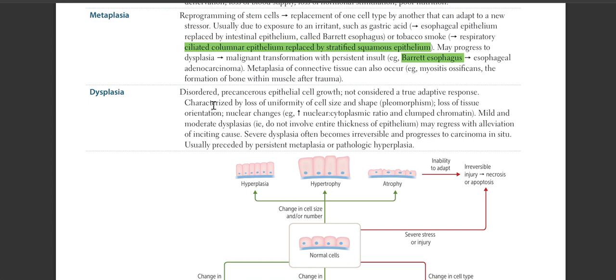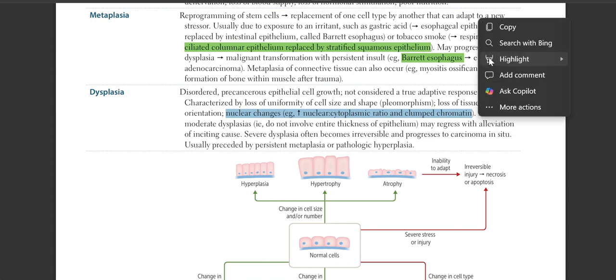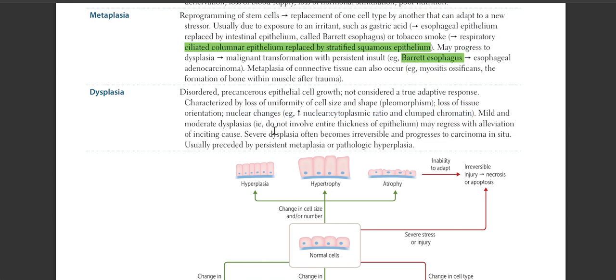Now, let's see if they've given us some additional information. Okay, so this nuclear change, I would say, is very important here. You do need to remember that there is an increased nuclear to cytoplasmic ratio. That means the nucleus is much bigger compared to the cytoplasm.